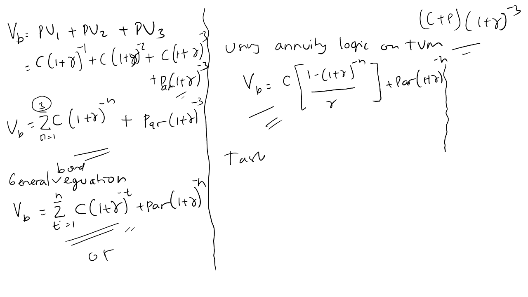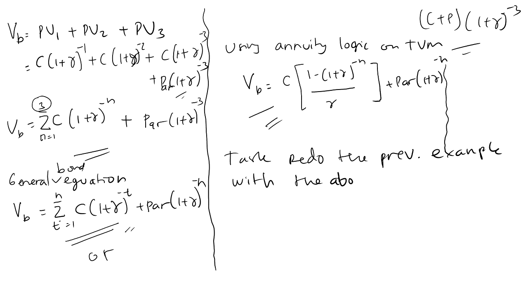Task: redo the previous example with the above equation. So you need to use this. Okay, this one you don't have to, because it is the same as what I've done before, right? So with the annuity equation.